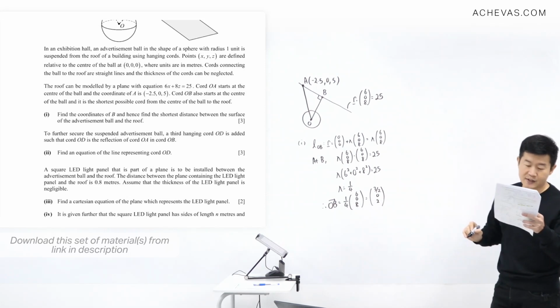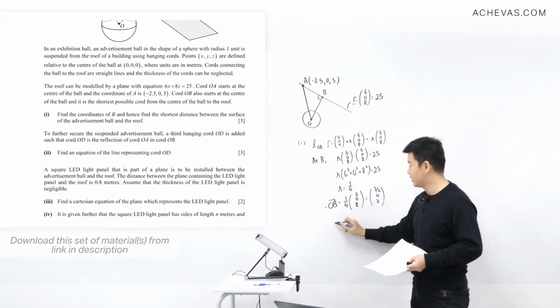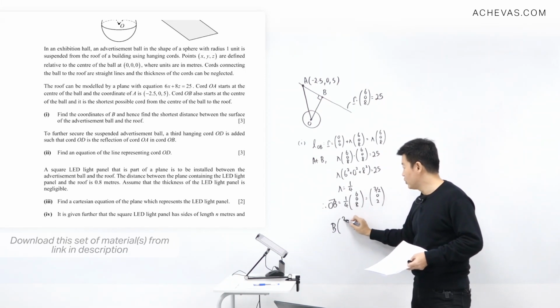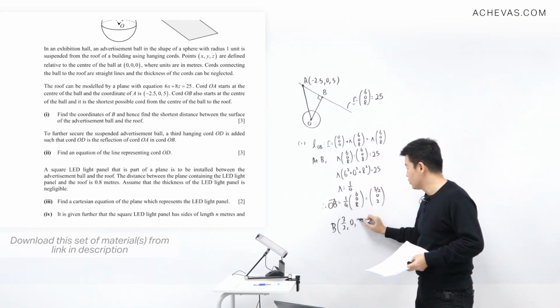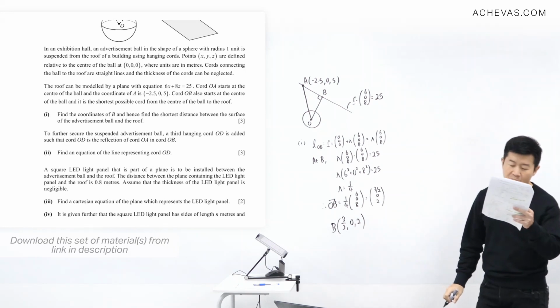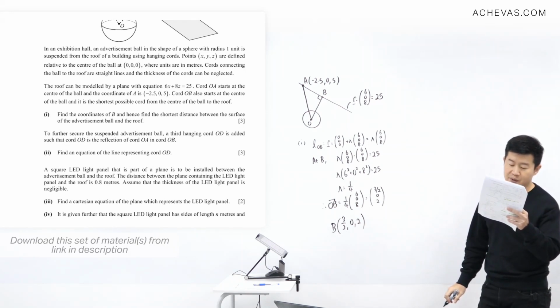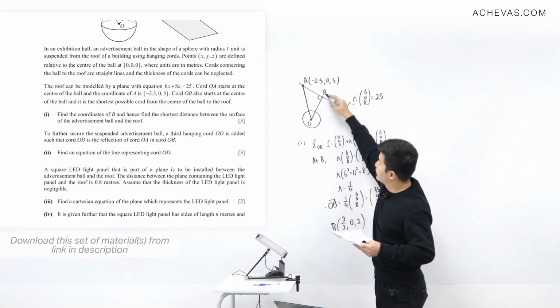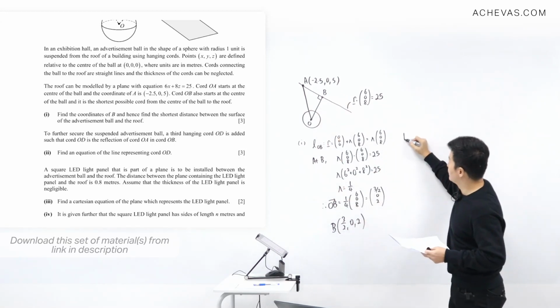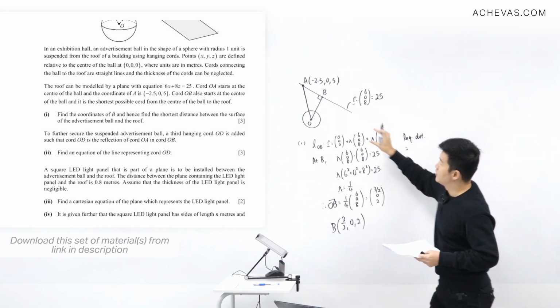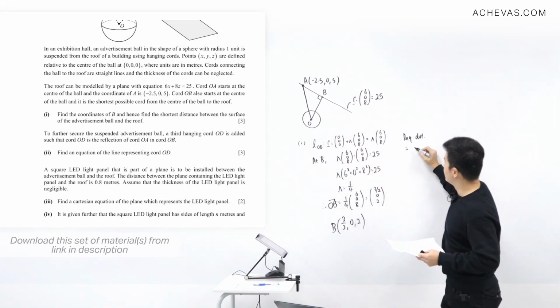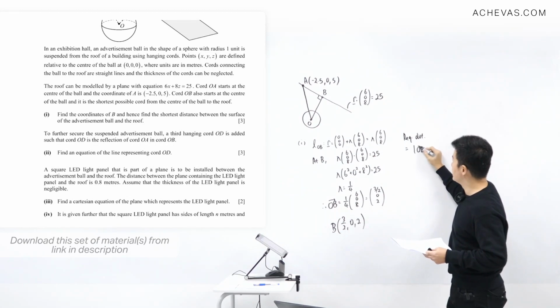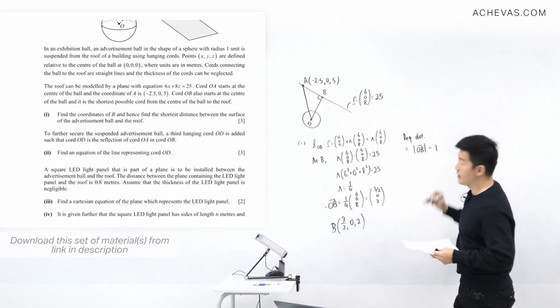And we are supposed to give the coordinates. So this is in position vector form. The coordinates form will be (3 over 2, 0, 2). And we also want to find the shortest possible distance between the surface of the ball here to here. And this is 1 unit, so the required distance, which is this distance here, is going to be modulus of OB minus away 1.